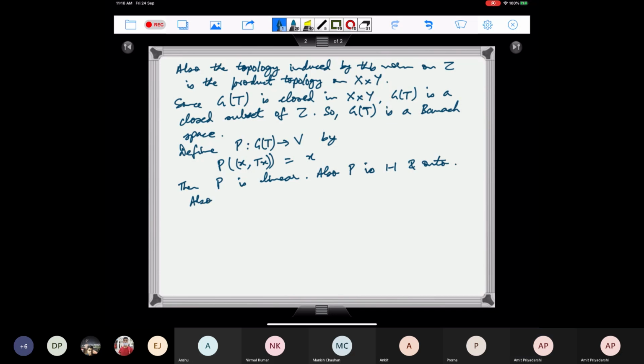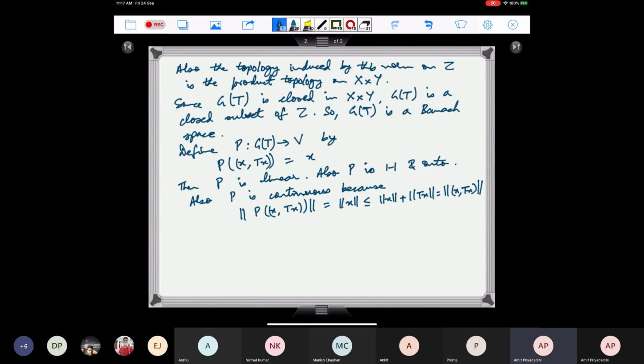Also, P is continuous. This is because if we look at the norm of P of (x, T of x), this is the same as norm of x, which is less than or equal to norm x plus norm Tx, which is the same as norm of (x, Tx).